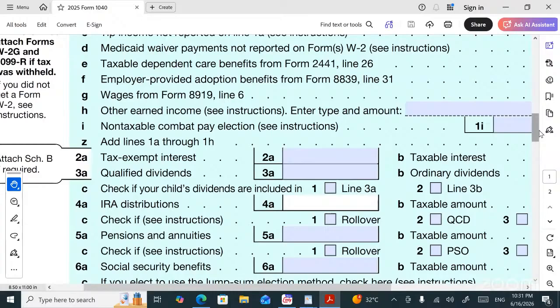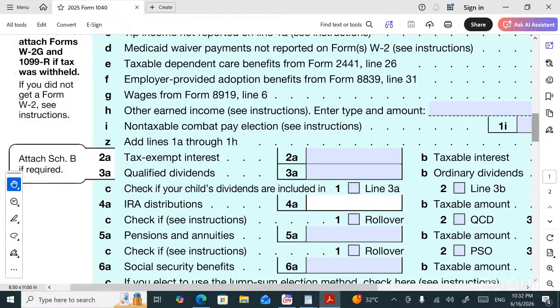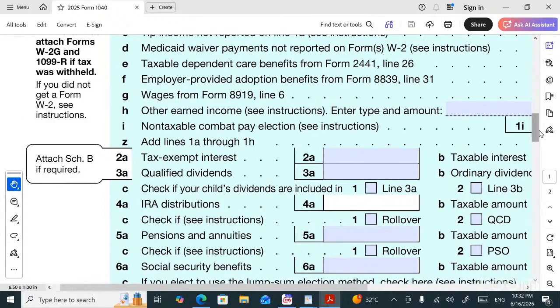One reference is also given in form number 1040: attach Schedule B if required. So Schedule A covers the itemized deductions, and Schedule B covers interest income and dividend incomes. Line item number 2 and line item number 3 are to be filled.